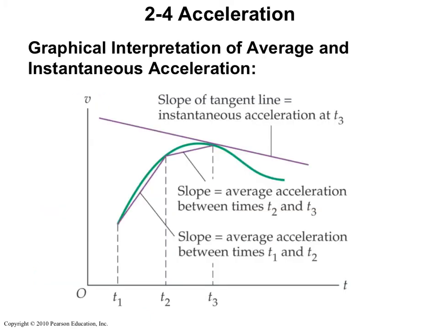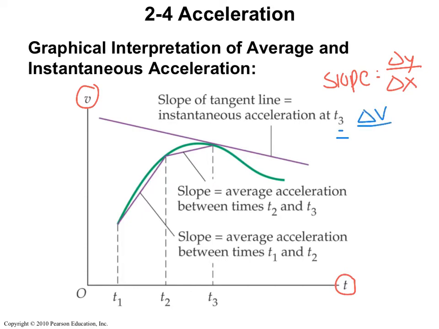All right, so looking at the velocity versus time graph is similar to how we look at our position versus time graph. As a reminder, slope is my change in y over my change in x. And if we look at our two sides, on my y, I have the change in v over the change in t.